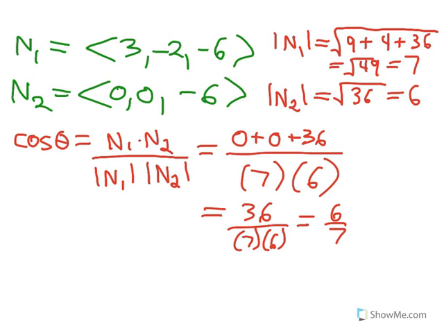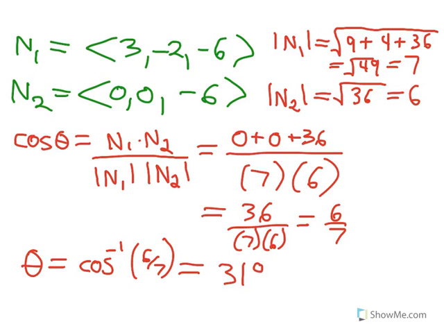So finally, to find theta, we take the inverse cos of 6 over 7, because that was what we said cos theta was. If you do this in your calculator on degrees, you will get basically spot on 31 degrees, which is a pretty good sign that we've probably done this right because it becomes a fairly round number.